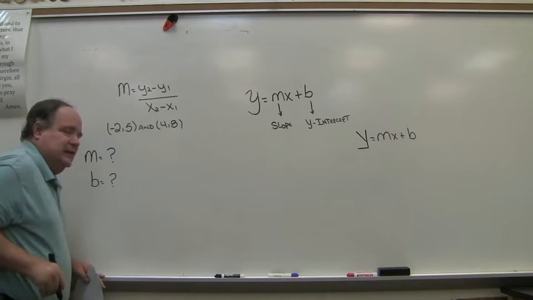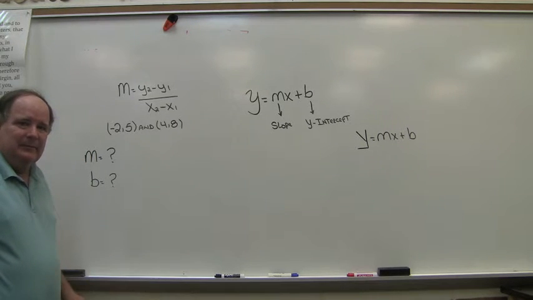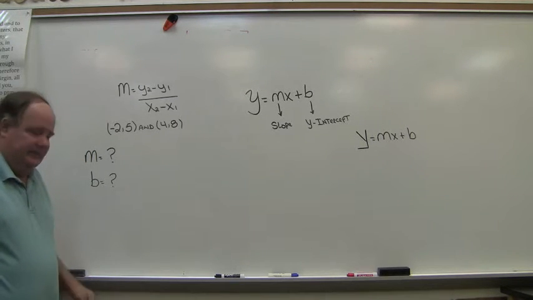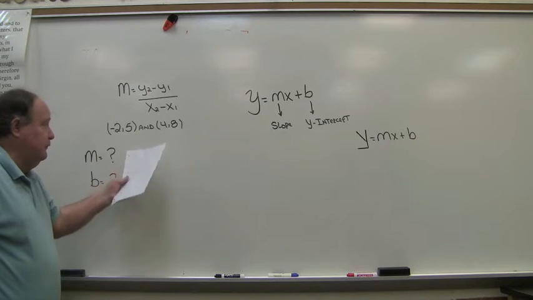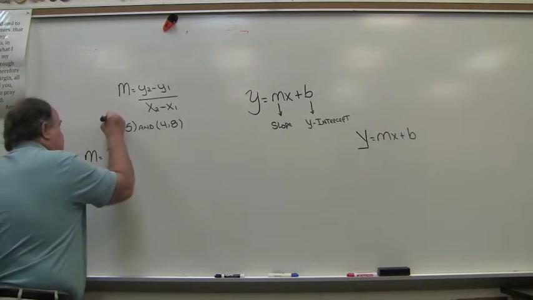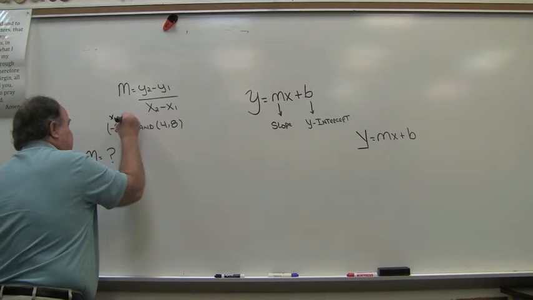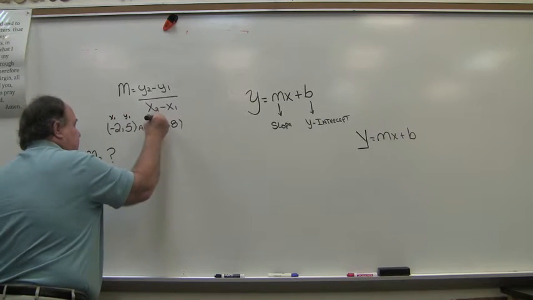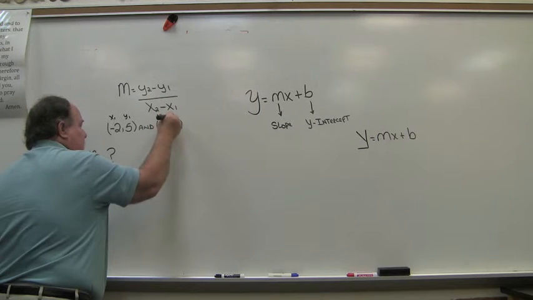Those are the two things that I'm looking for. Once I get them, I can write the equation of my line. Okay, well, the very first thing we have to do is get the slope. We call this guy x1 and this guy y1. This guy x2 and y2.